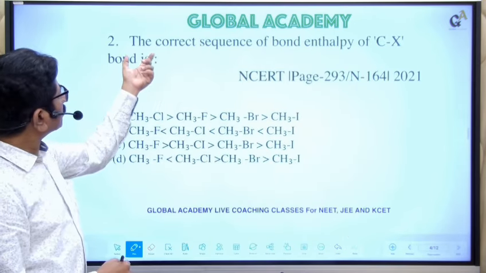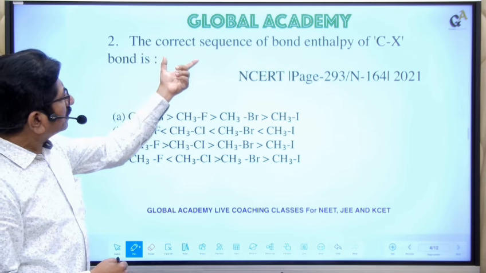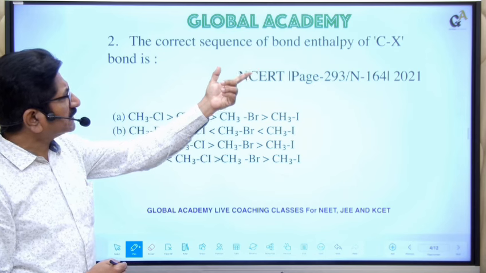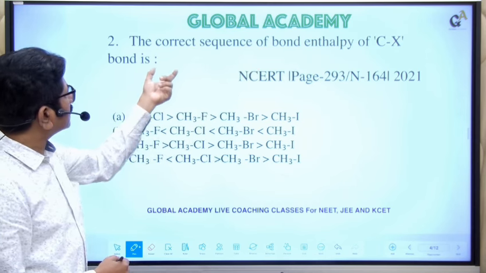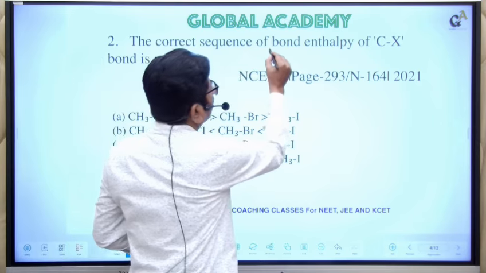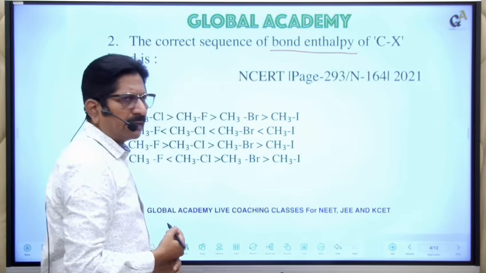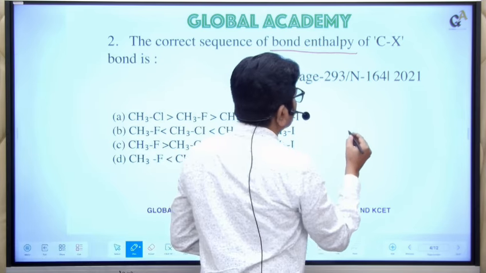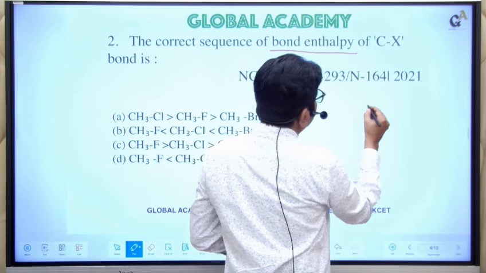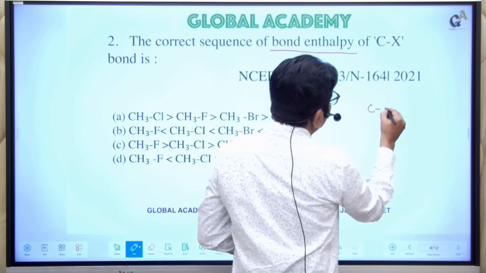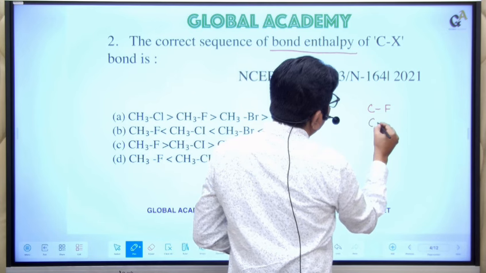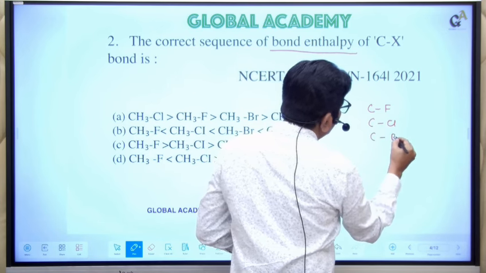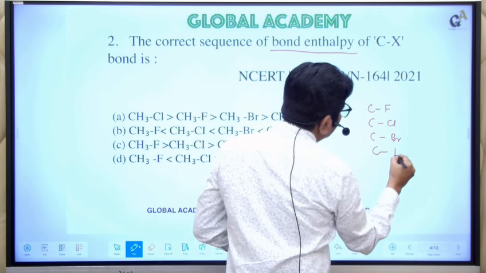Next, the correct sequence of bond enthalpy of the C-X bond. Already you had studied the carbon fluorine bond, carbon chlorine, carbon bromine, and carbon iodine.